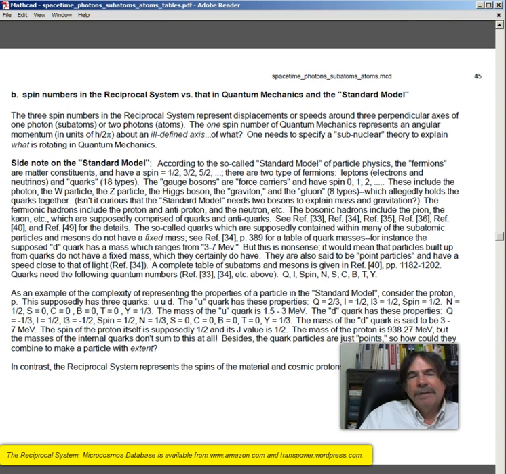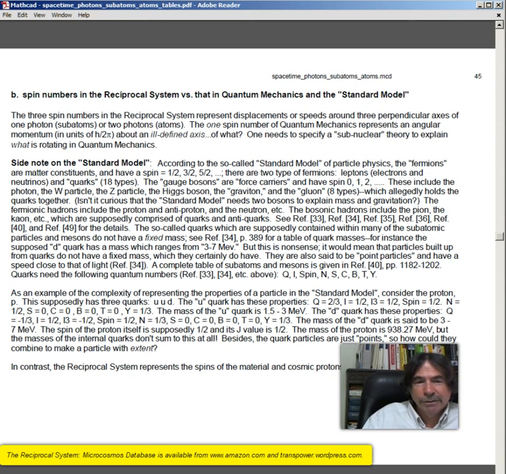As an example of the complexity of representing the properties of a particle in the so-called standard model, consider the proton P. This supposedly has three quarks, U, U, D. The U quark has these properties: Q equals 2/3, I equals 1/2, I3 equals 1/2, spin equals 1/2, N equals 1/2, S equals 0, C equals 0, B equals 0, T equals 0, Y equals 1/3.